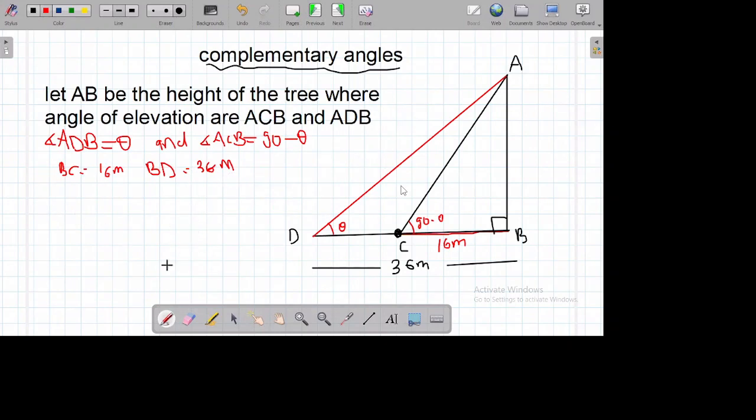Now let's go to the right angle triangle. First of all, let's start from theta. The triangle formed by Deson, triangle ADB. Deson, please tell me, tan theta means how much?